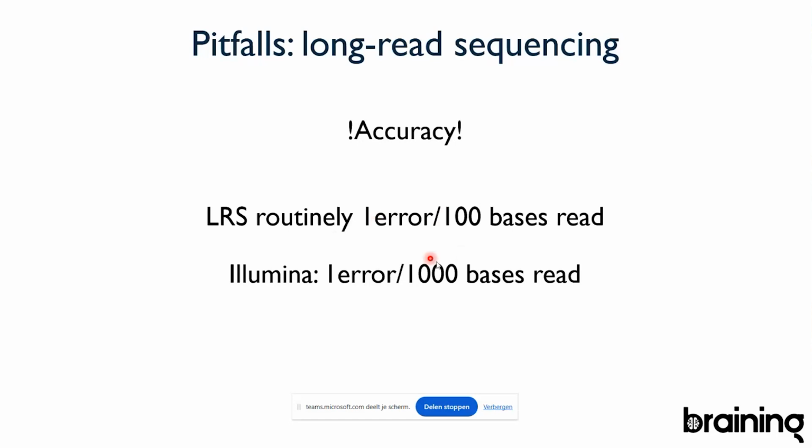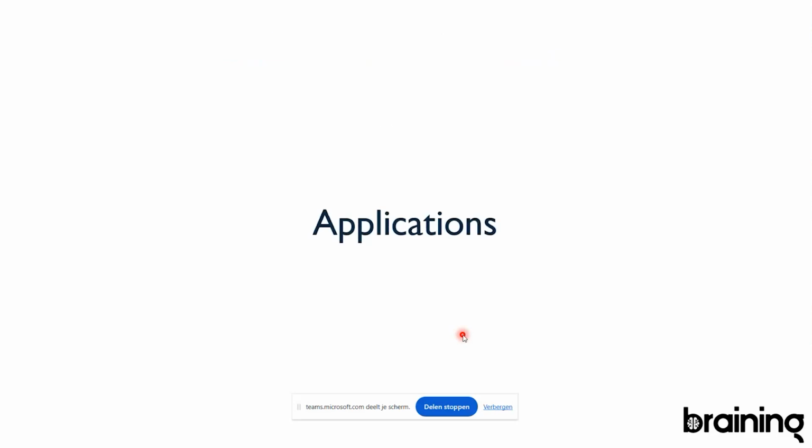Instead of 1 per 1,000, you would have 1 per 100 bases. And again, with bioinformatics, you can bring this error rate down. However, it is still inferior to what next generation sequencing can do. So if you use long read sequencing, this is something that is important to take care of, right? Okay, good.